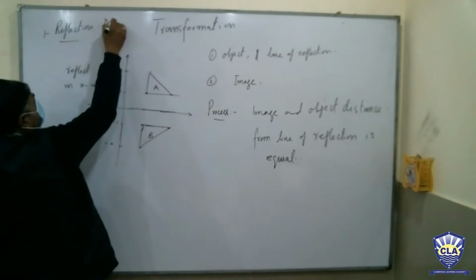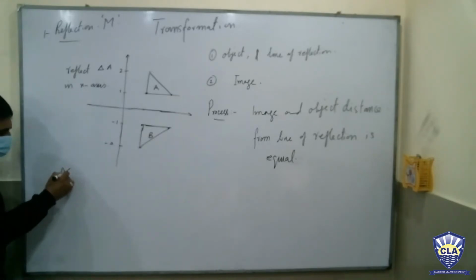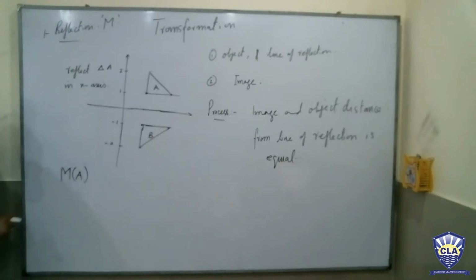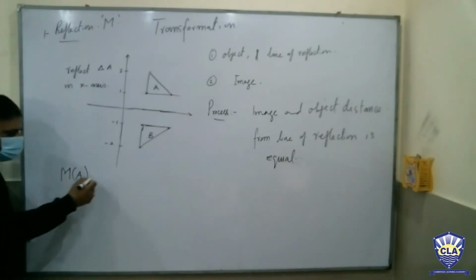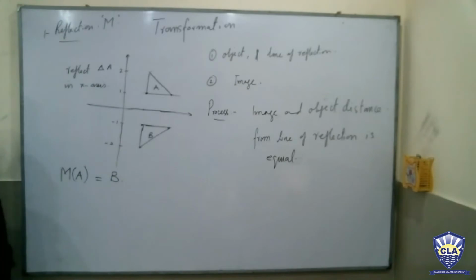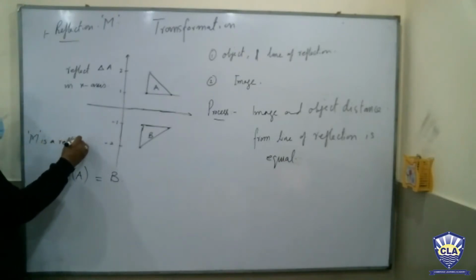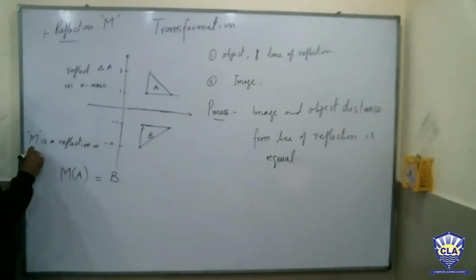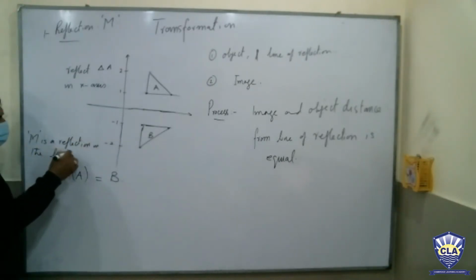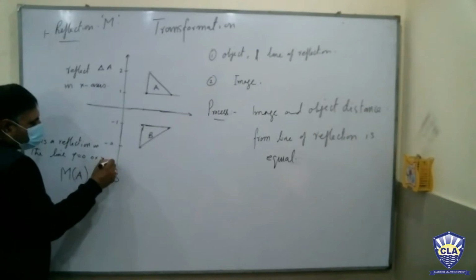The reflection is denoted by capital M. M of A, the reflection of triangle A, is equal to B. It means M is a reflection in the line y equals 0, or the x-axis.